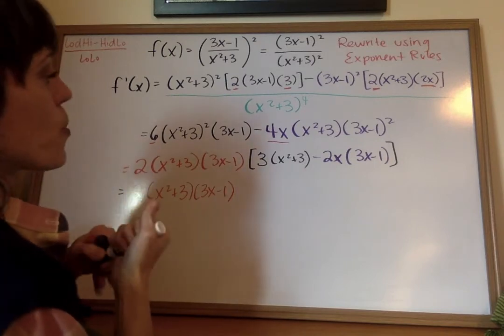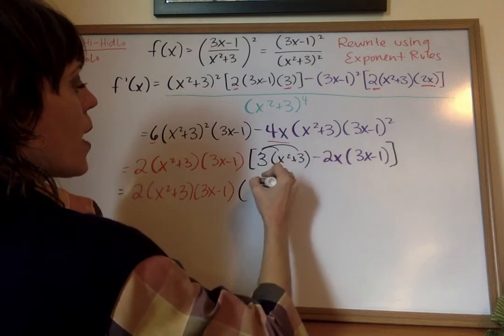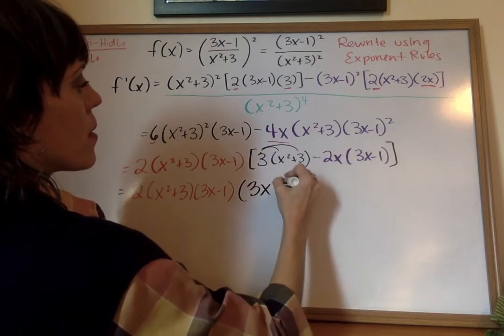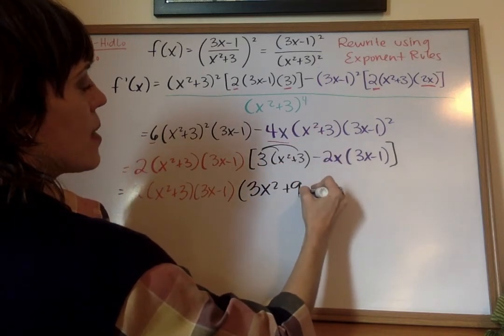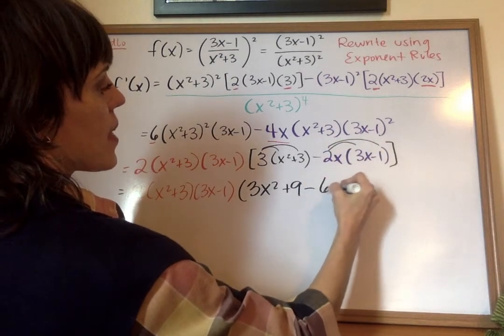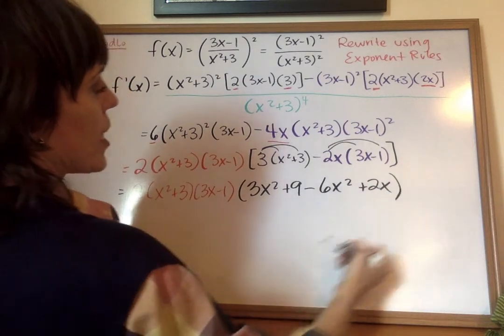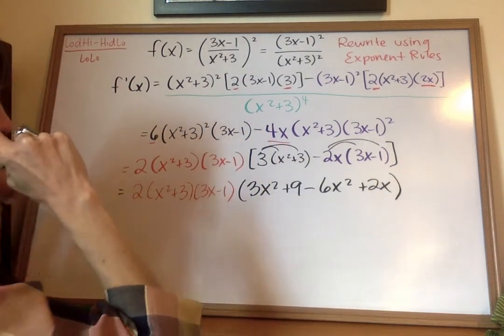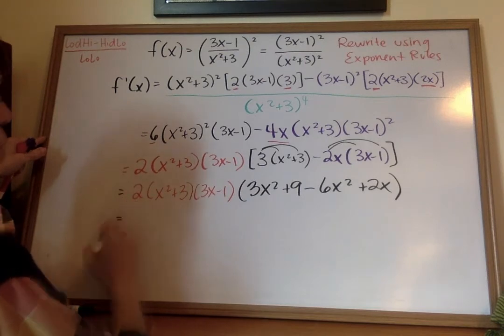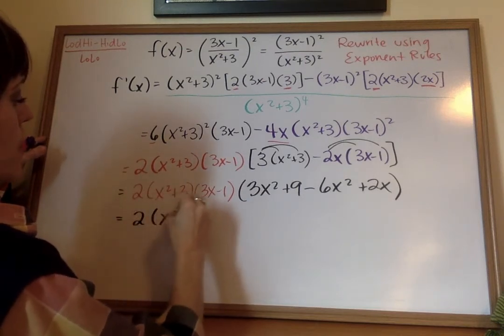I've got some distribution that I can do. I've got 3x squared plus 9. And I'm going to distribute here minus 6x squared plus 2x. Watch that double negative there. Okay, keep simplifying again. I haven't forgotten my denominator. I'm just working on this numerator because it's got a lot it needs done to it.